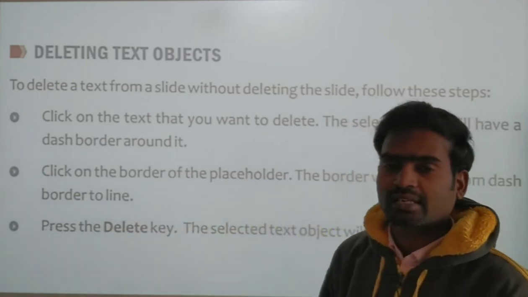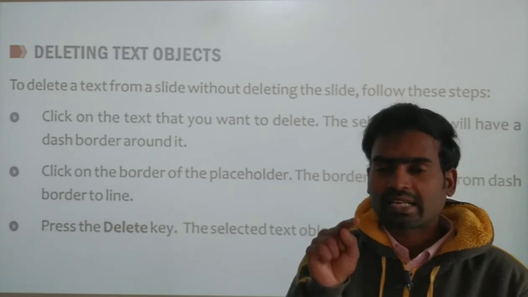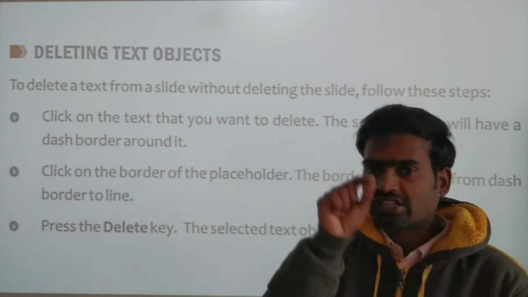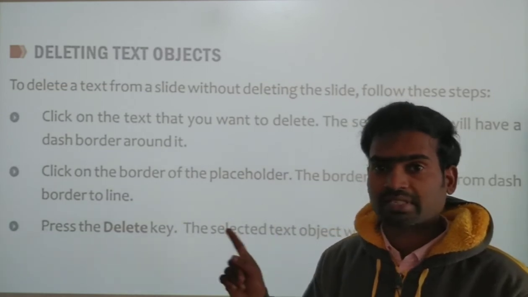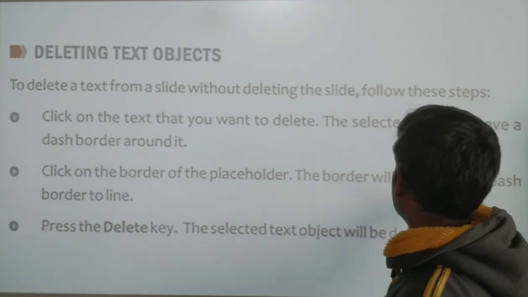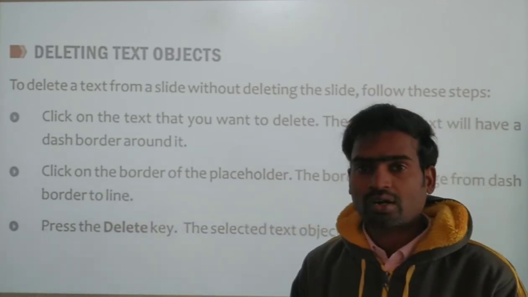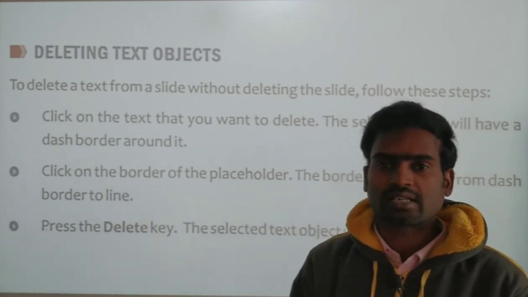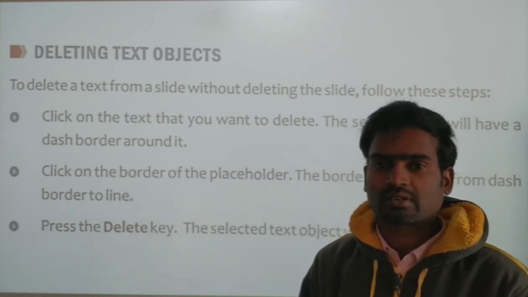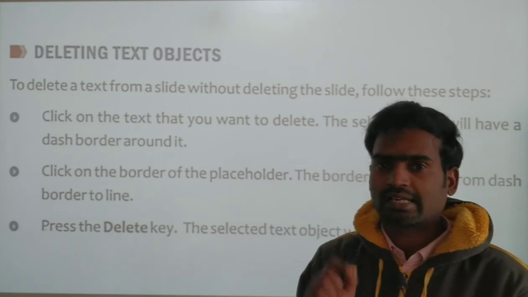As we have seen yesterday, when we click to edit the text, that placeholder dash border will be there. The same method here. The border will change from a dash border to a solid line. So if you are unable to do that, please see the previous class video, so you can easily identify.